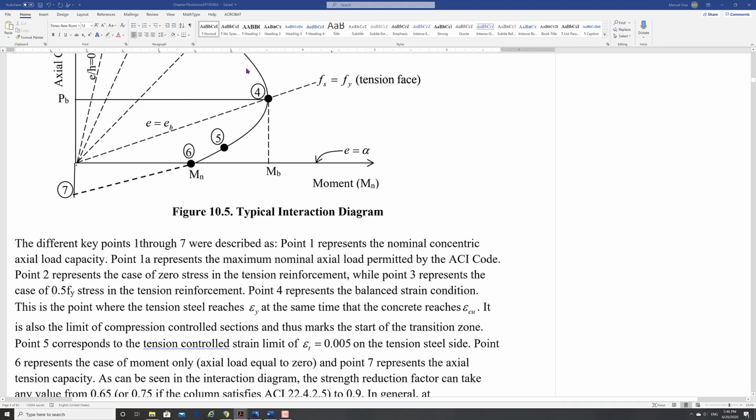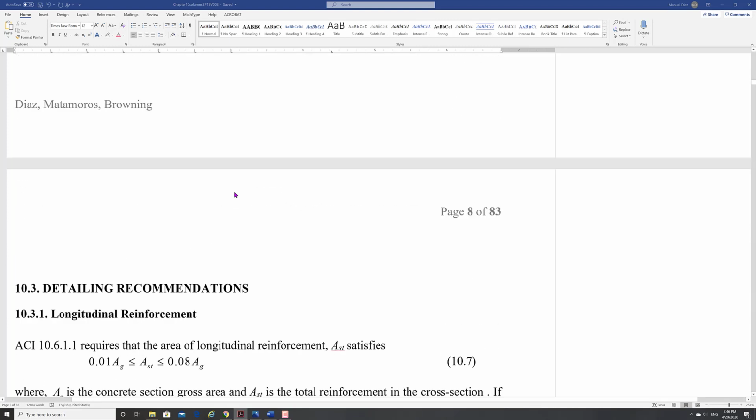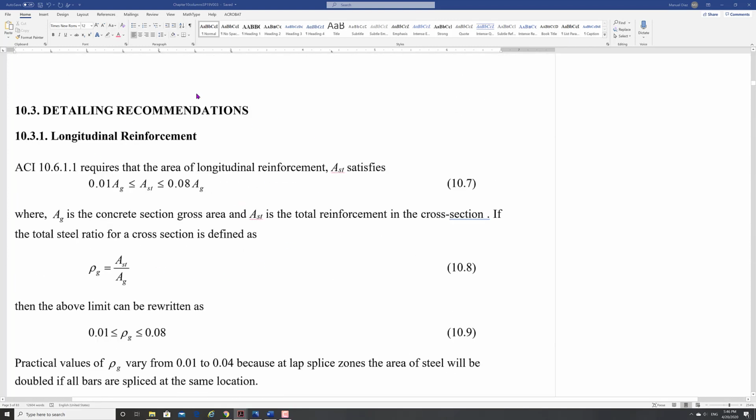So you remember those strength reduction factors will change depending on where you are in your interaction diagram. We've done all that already. We talked about some of these already too. Your longitudinal reinforcement has a minimum of 1% and a maximum of 8%.